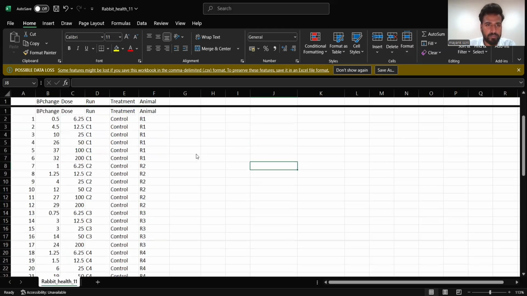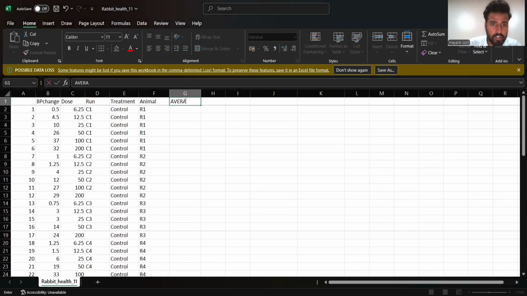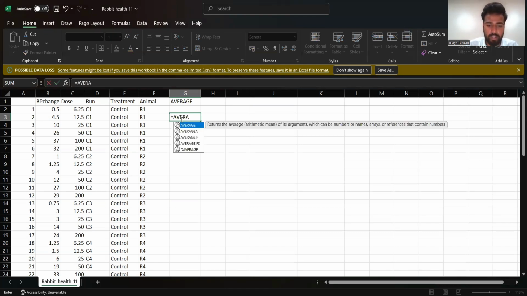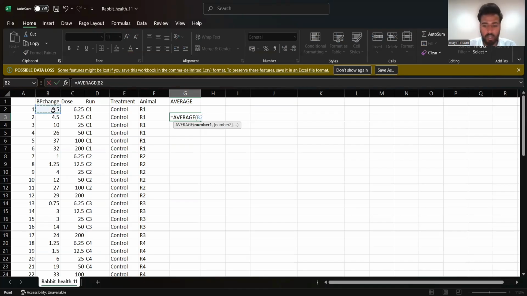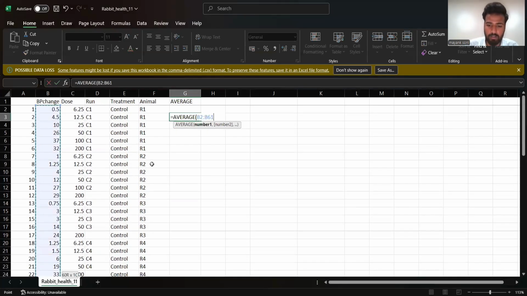Let's start with the average. Now we are creating a column of average. There are two ways to calculate average. First, type equal to AVERAGE, open the bracket, and I'm calculating the average of the BP change column. Now close the bracket. You can see between the brackets B2 to B62.